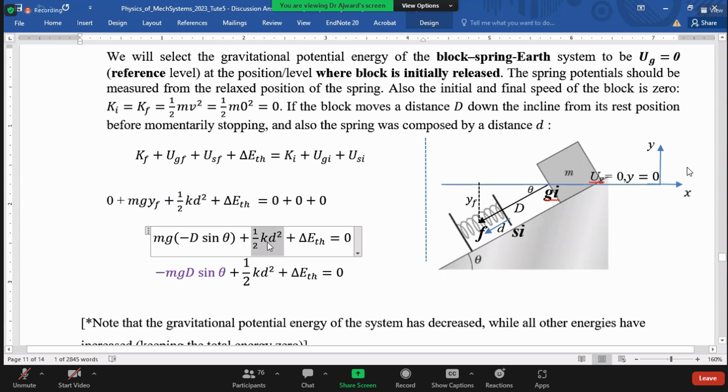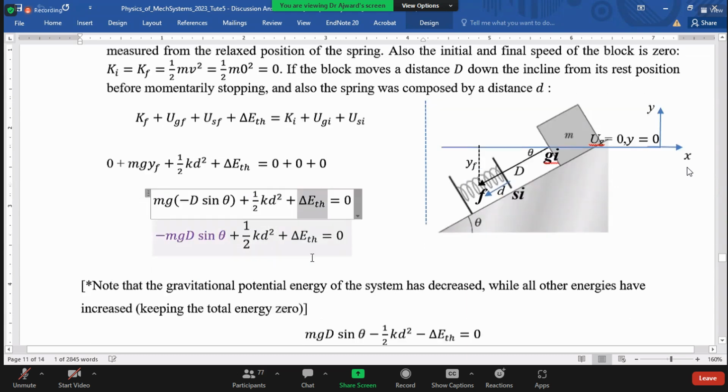It is half kx squared, and the x here is d, or minus d, but it doesn't matter because d is squared. So half kd squared. And the thermal energy, I will leave as it is.